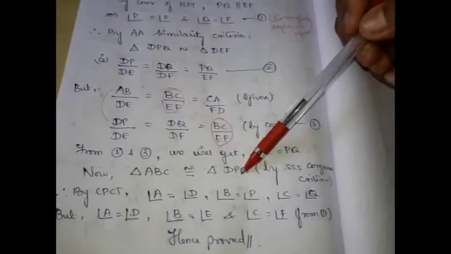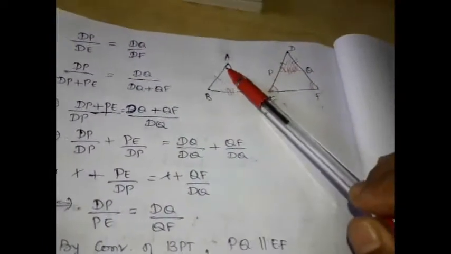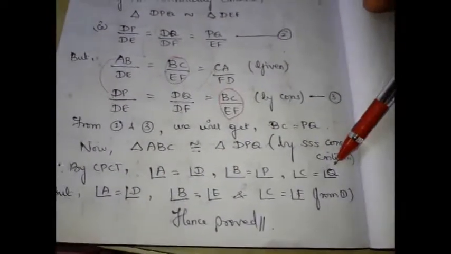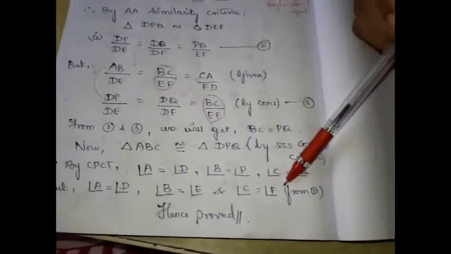Then by CPCT, what we know? All the three corresponding angles are equal. A equals D, B equals P, C equals Q. Right? But already we have proved angle P is same as angle E and angle Q is same as angle F. So we have replaced. That's what we need to prove. Hence we proved the theorem. Right?